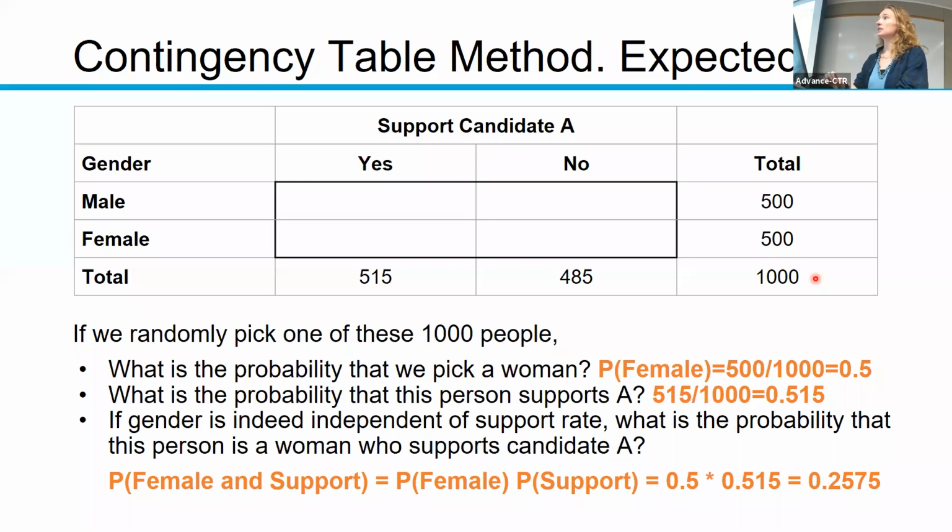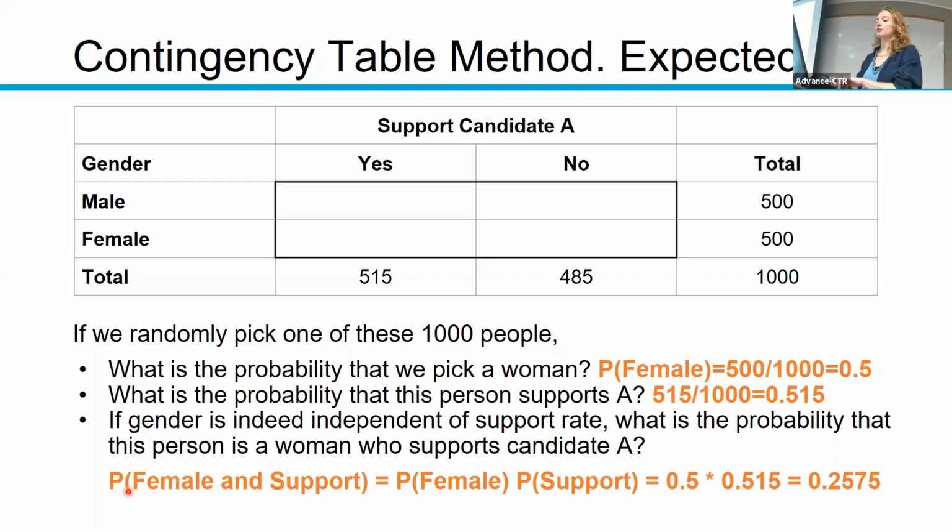The next question we need to ask is, what is the probability that this person supports candidate A? So this is 515, the total number of people who support candidate A, divided by the total number of subjects, 51.5%. So again, thinking back to our independence formula, if gender is indeed independent of support rate, what is the probability that this person is a woman and supports candidate A?